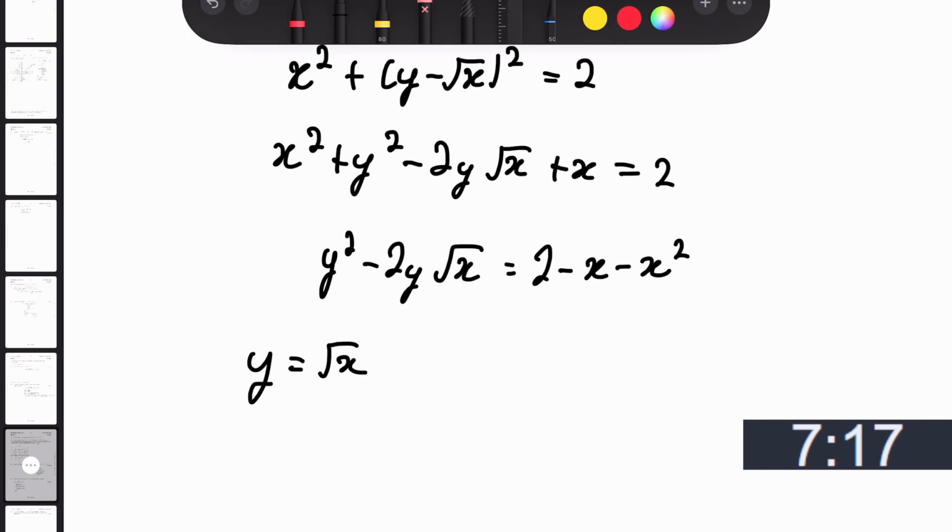Y equals square root of x, and that's y squared minus 2 minus x.